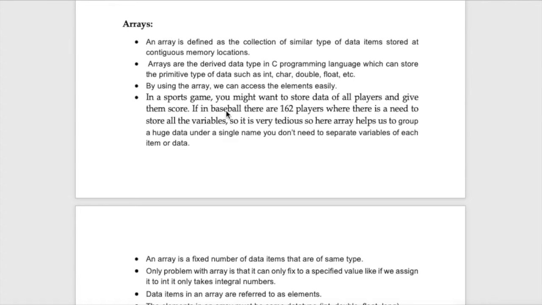If you are given a bulk of data to store in the computer, we use an array, which helps us store similar type of data at a time in contiguous memory locations of your computer.